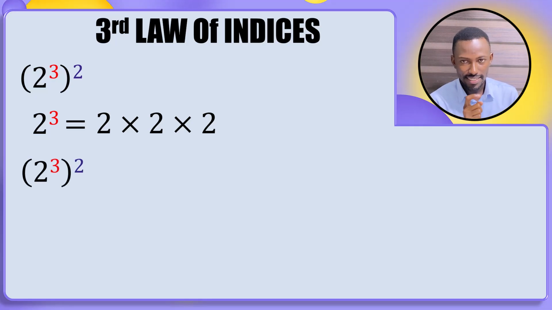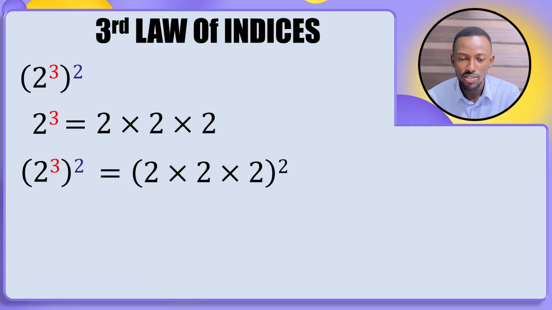So 2 to the power 3 in brackets, to the power 2, is the same as, we are going to replace what's in the bracket, 2 to the power 3, with 2 times 2 times 2. You get it, right?